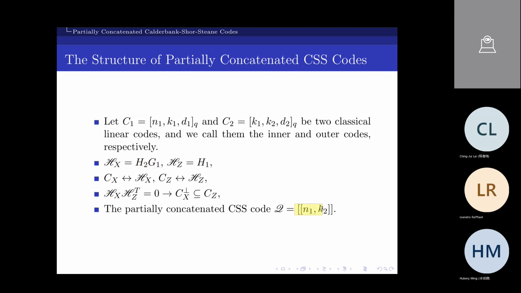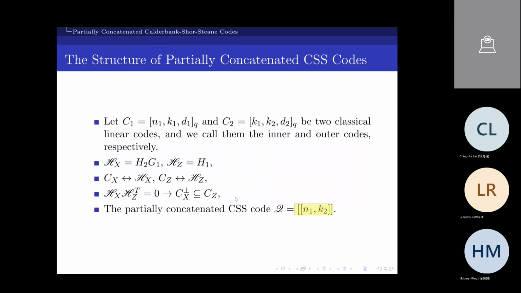And the parameters about the code length and dimension of our Q can be obtained directly. Yeah, it seems very simple.